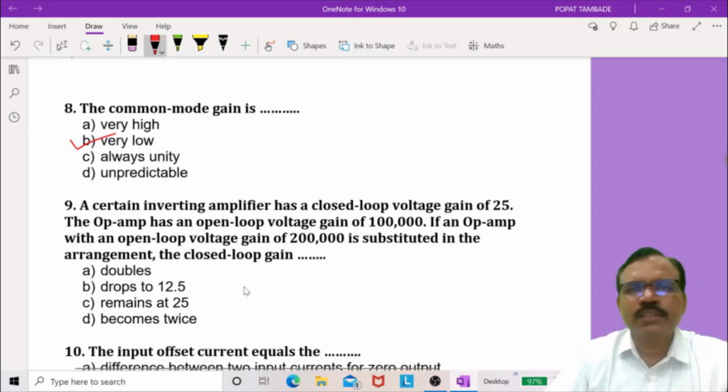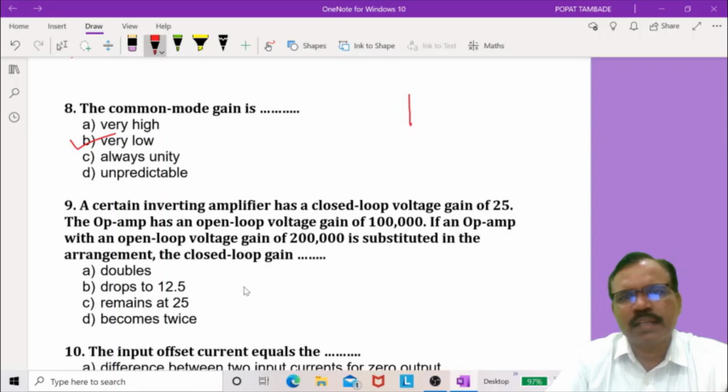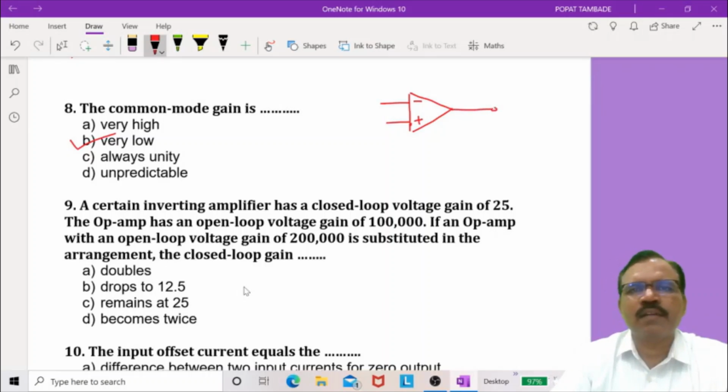Now, if we see the inverting amplifier circuit, minus, plus terminals, output terminal, this is feedback resistance Rf, and here R1.